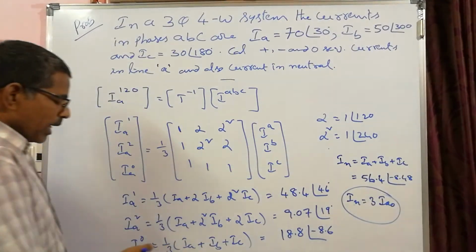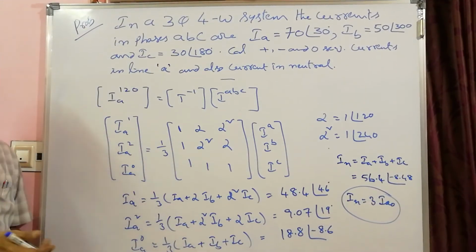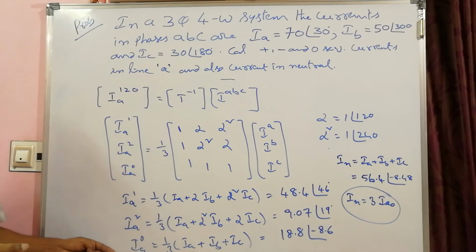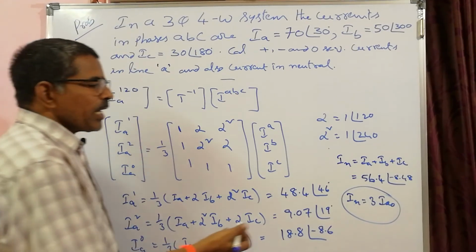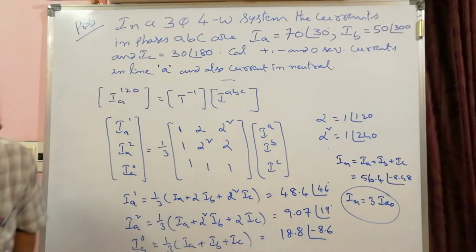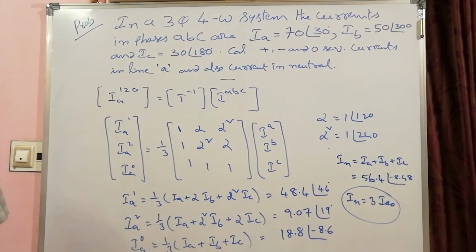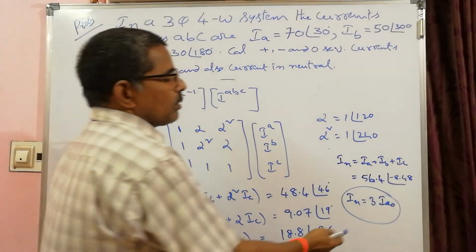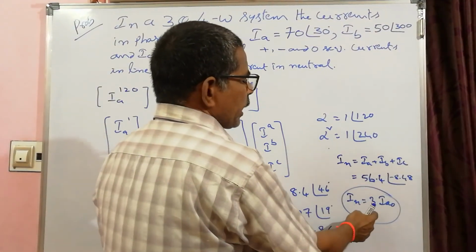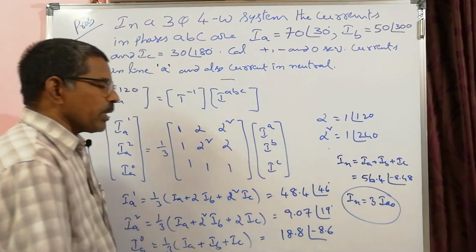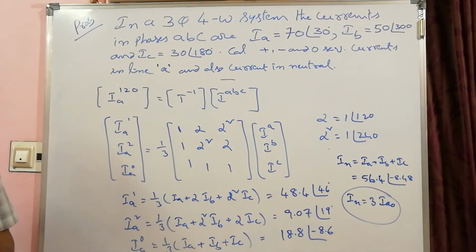You can directly calculate from the obtained symmetrical components, because IA0 is known and IB0, IC0 are also the same. So IN is always 3 times IA0. You can verify that: if you multiply this with 3, you get that. So this is the second problem.